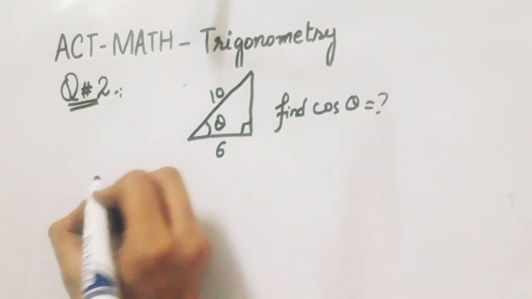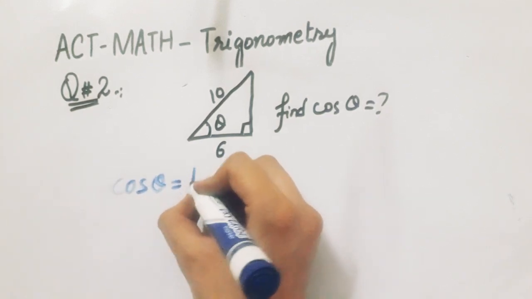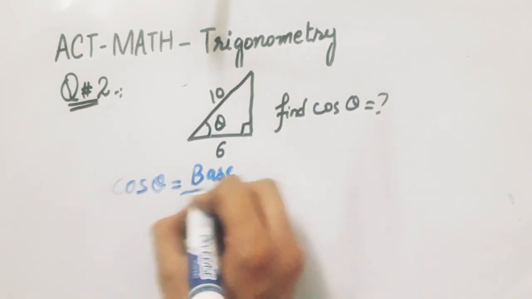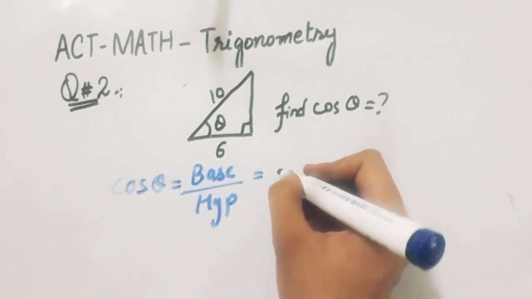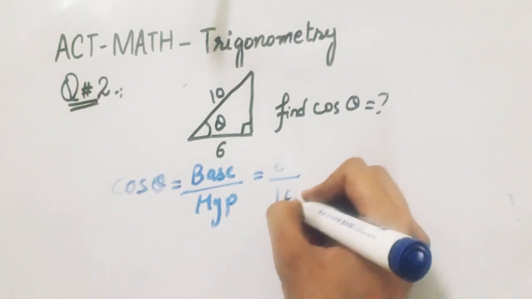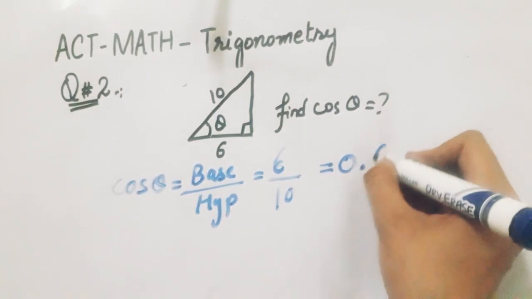So we will apply the formula of cos theta, which is equal to base over hypotenuse. So base is 6 and hypotenuse is 10, so this will equal 0.6.